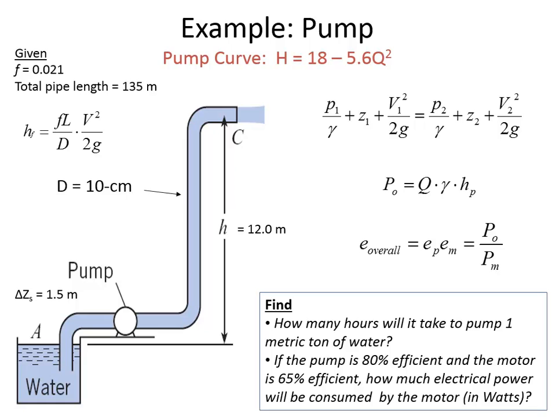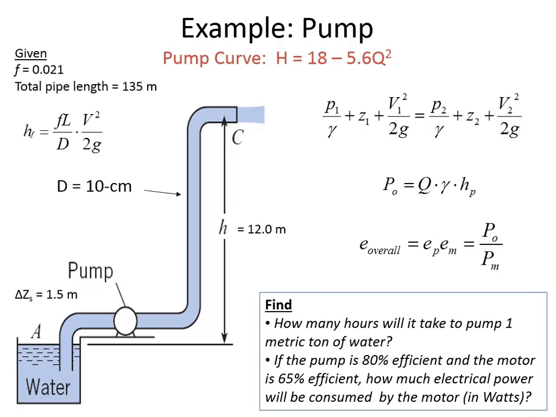we need to substitute back into one of these two equations, either the system curve or the pump curve, with the flow rate that we've got, because we actually didn't yet calculate what the pump head is. And so let's do that. The pump head, H sub P, is going to be 18 minus 5.6 times Q squared. All right.